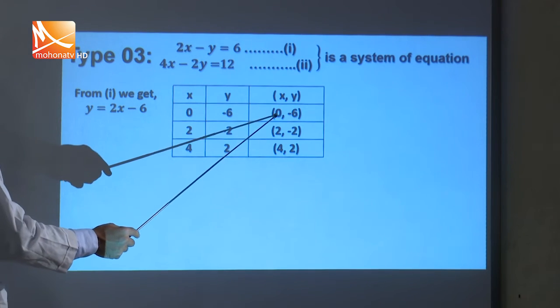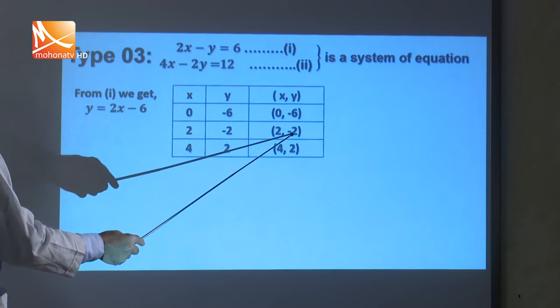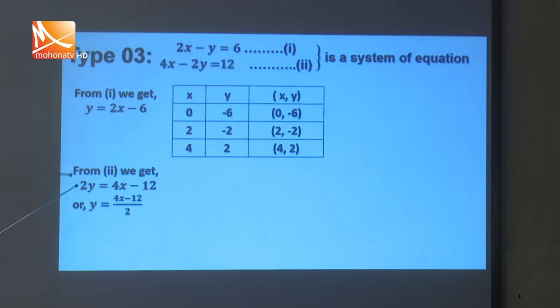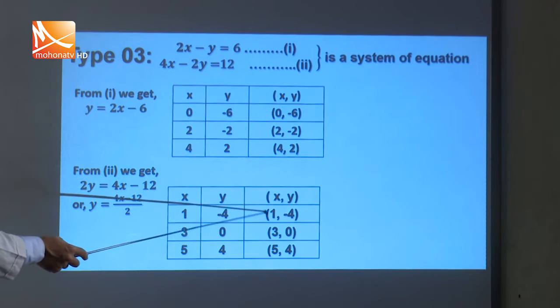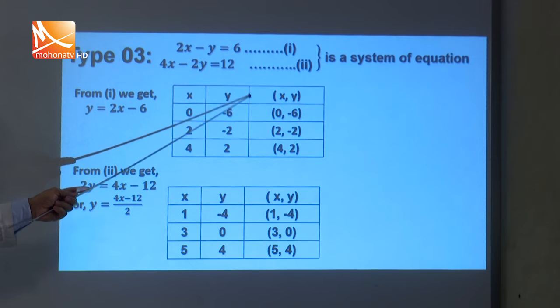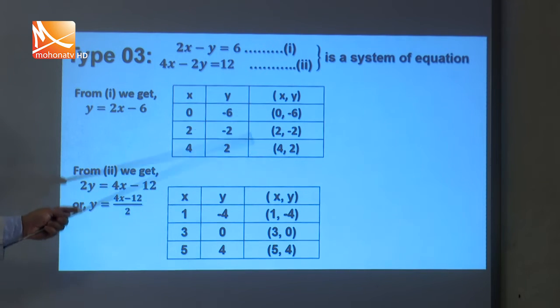The points are (0, -6), (2, -2), (4, 2). Again we will find some points on equation 2. The points are (1, -4), (3, 0) and (5, 4). Again we will plot these two sets of points on the graph and see what happens.